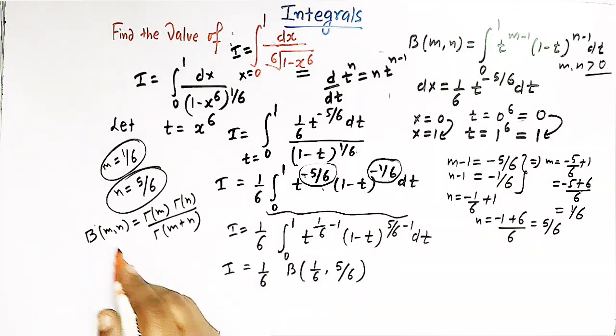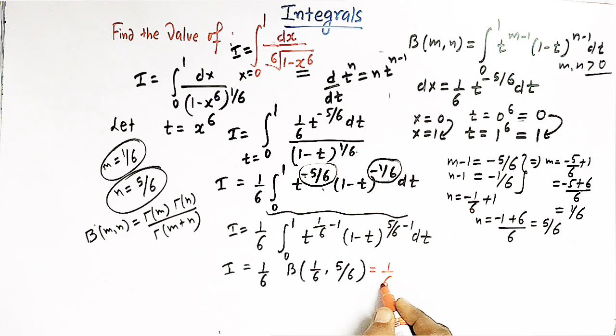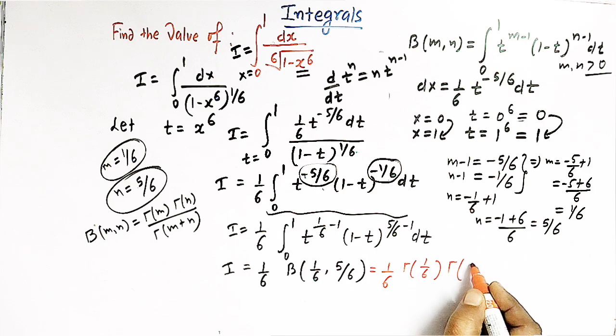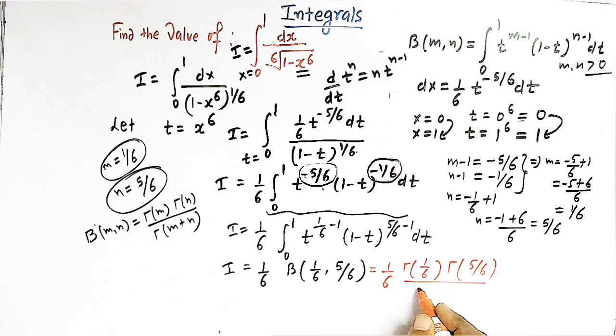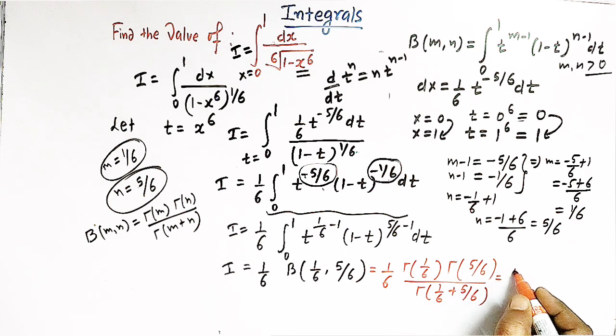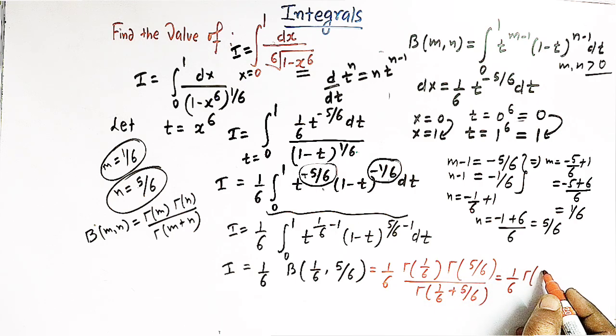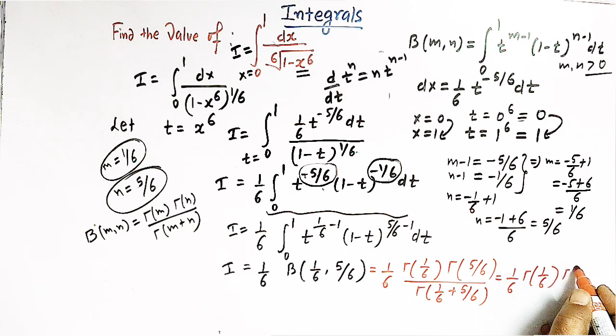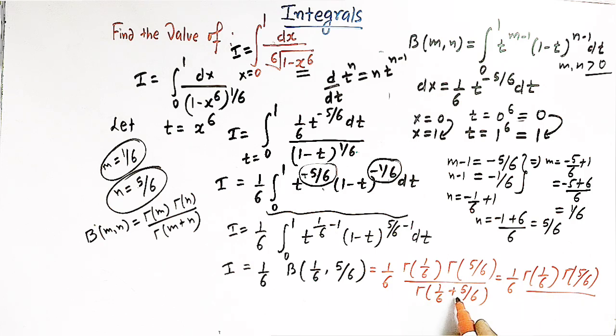So now using this relation, we can write 1 over 6, then we have gamma 1 over 6 times gamma of 5 over 6 divided by gamma of 1 over 6 plus 5 over 6. So now we can write 1 over 6, then this is gamma 1 over 6 and gamma of 5 over 6 divided by 1 over 6 plus 5 over 6 is 6 over 6, that is equal to gamma 1, and gamma 1 is equal to 1. So here we have 1.